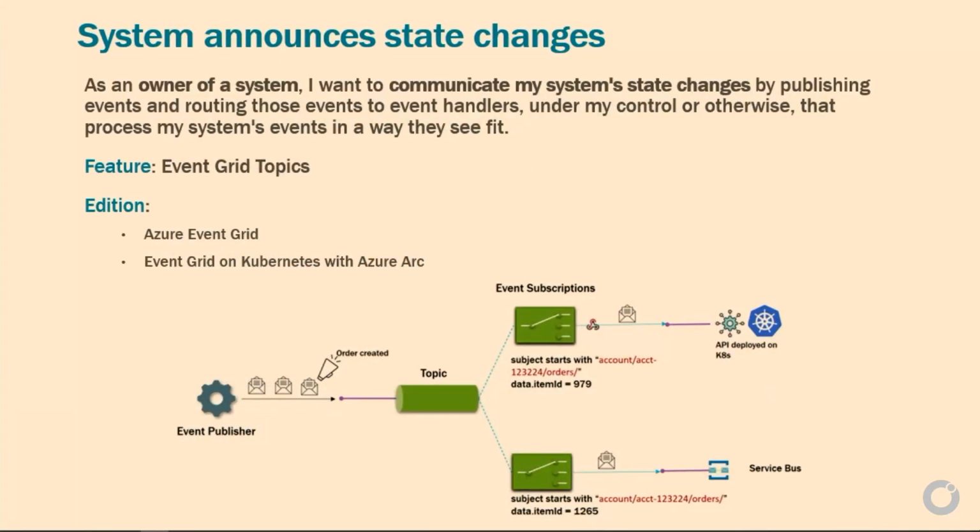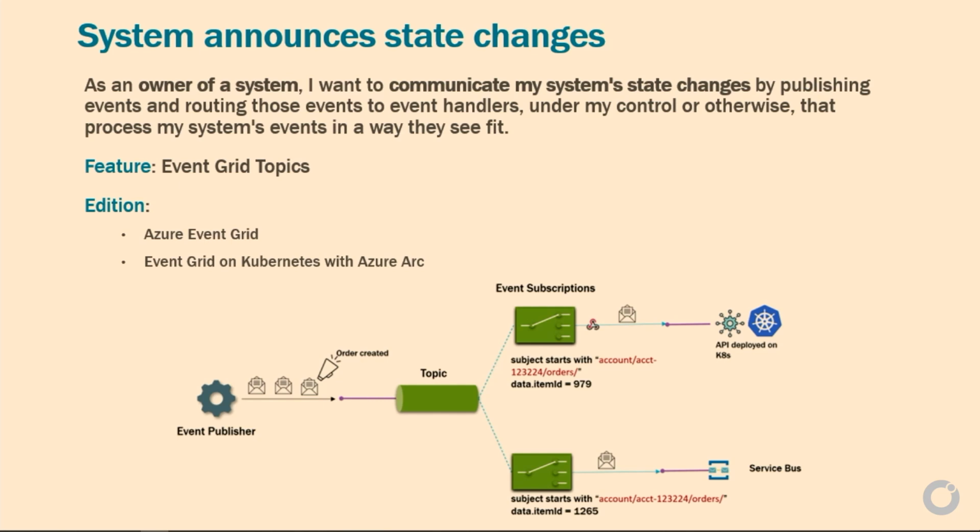OK, let's start simple. You have an application. You want the state changes in the resources of that application to be announced so that downstream applications can be aware of that and act on that, or completely ignore it. Those subscribing applications can be your own applications as part of your whole solution architecture, or they can be third-party endpoints.